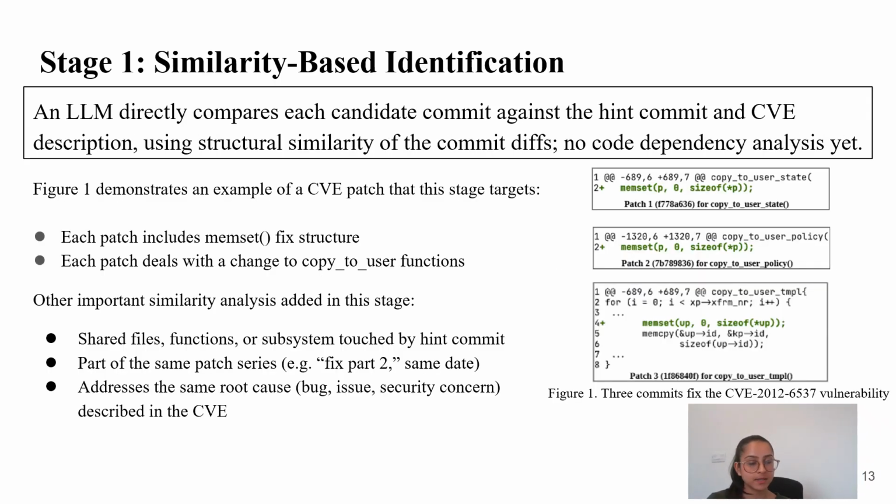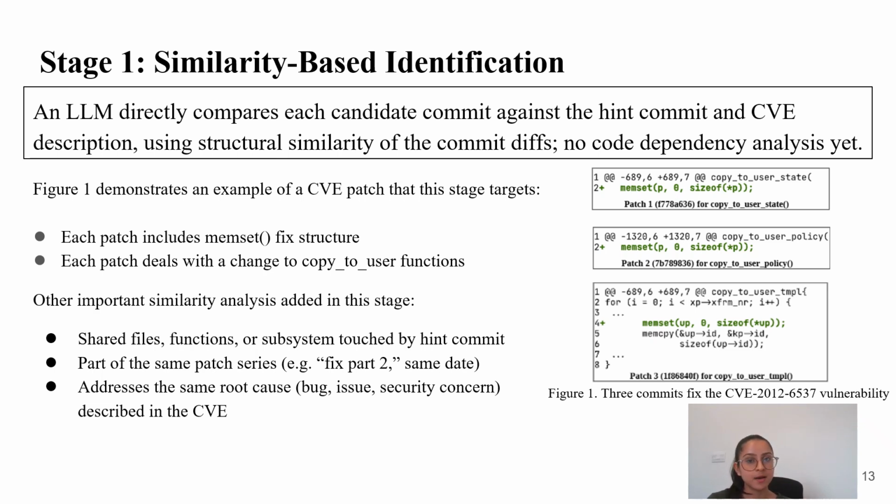So more specifically, for stage 1, this is where the LLM directly compares each candidate commit against the hint commit and the CVE description using structural similarity of the commit diffs themselves. There is no code dependency analysis yet. It's largely just based on the commit diffs and the similarity amongst them.